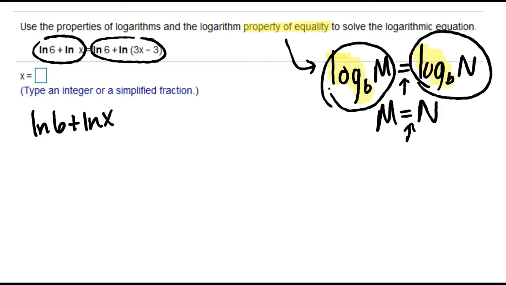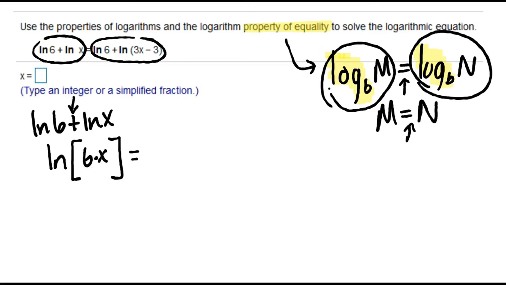Because they're both natural log, I can condense them to a single log. And when I condense them, I'm either going to use multiplication or division. That plus sign tells me to use multiplication. So I'm going to multiply 6 times x.